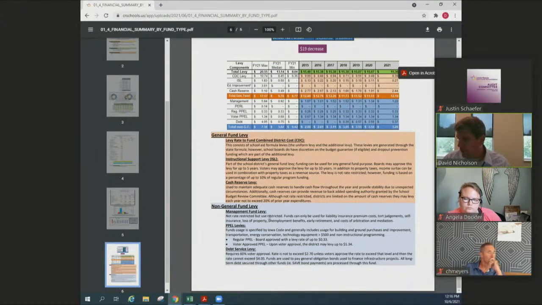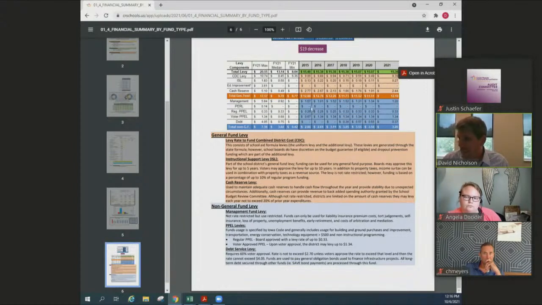The other one we talked a little bit about is the physical plant and equipment levy. There are two parts. The regular program PPEL is board approved, and that's 33 cents. The board has total control of that. Voter approved is exactly what it means: the voters have to approve it. We are at $1.34.